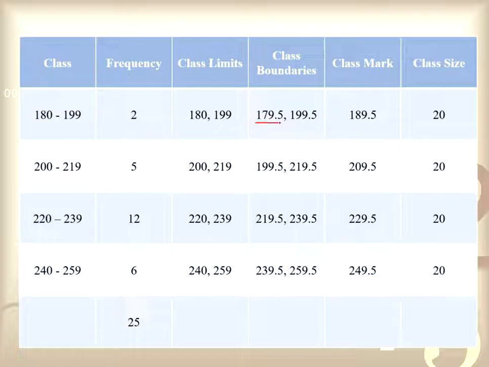Class boundary. So, mag-assume tayo ng data before 180. So, yun ay 179. So, 180 plus 179, 359 divided by 2 equals 179.5.